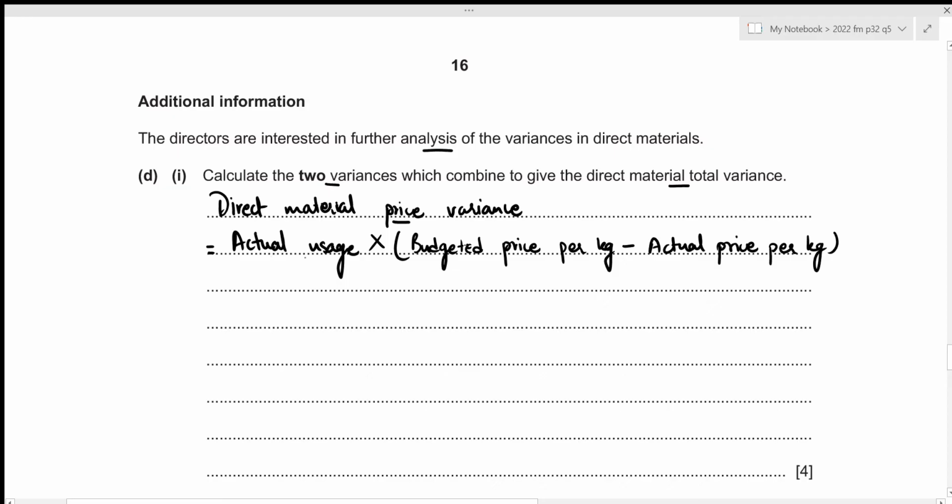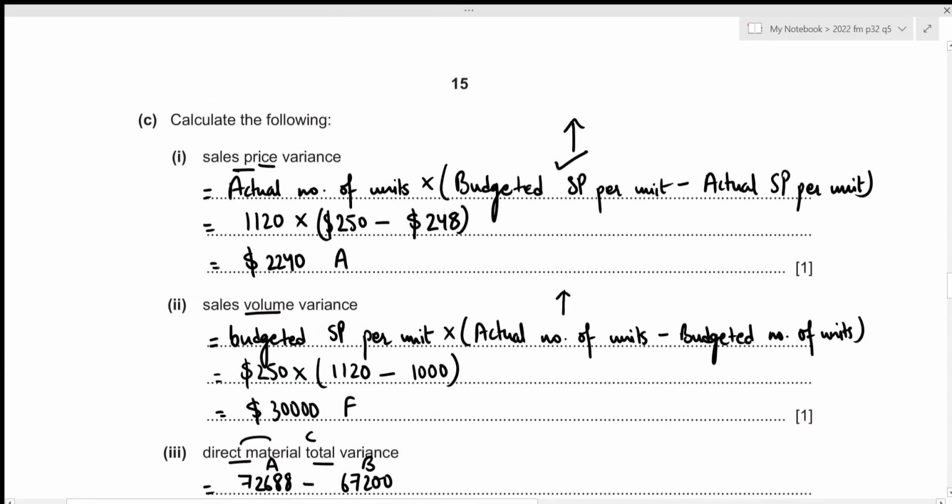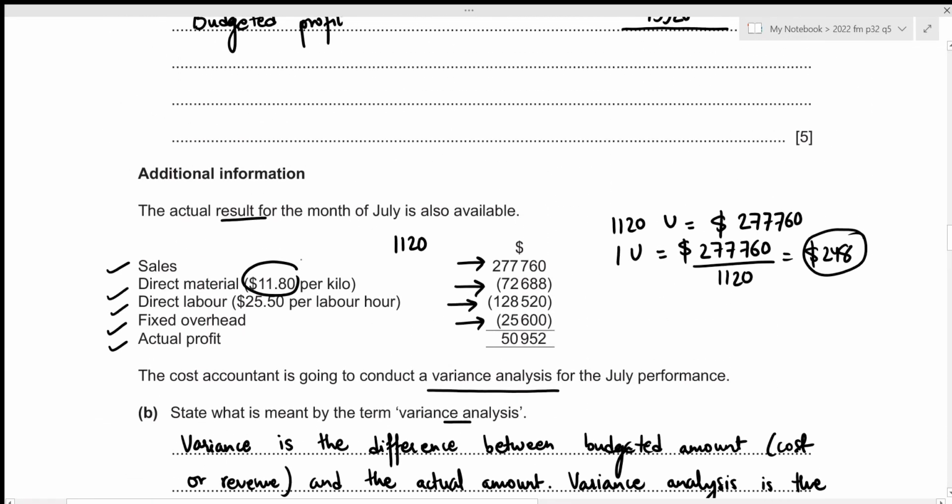And we also need to figure out the total number of kgs of direct materials that we required for our actual data. So let's figure that out. This is the rate per kilo and this is the total amount, right? Which just means that the rate per kilo of 11.80 times our actual uses gives the total amount of 72,688.